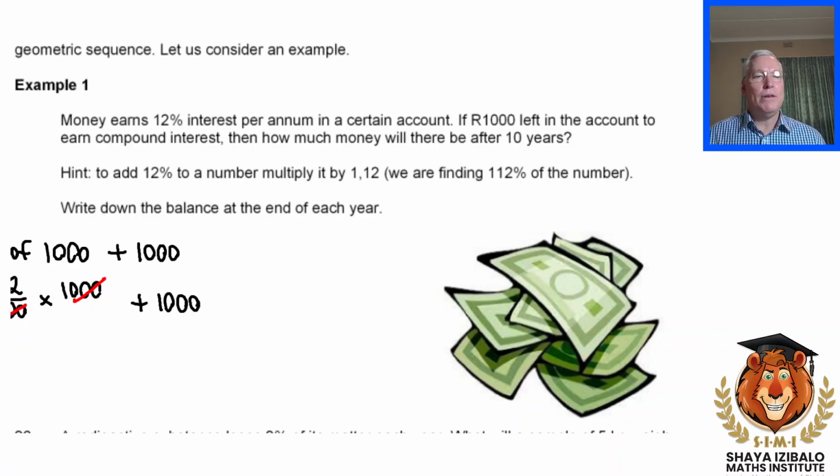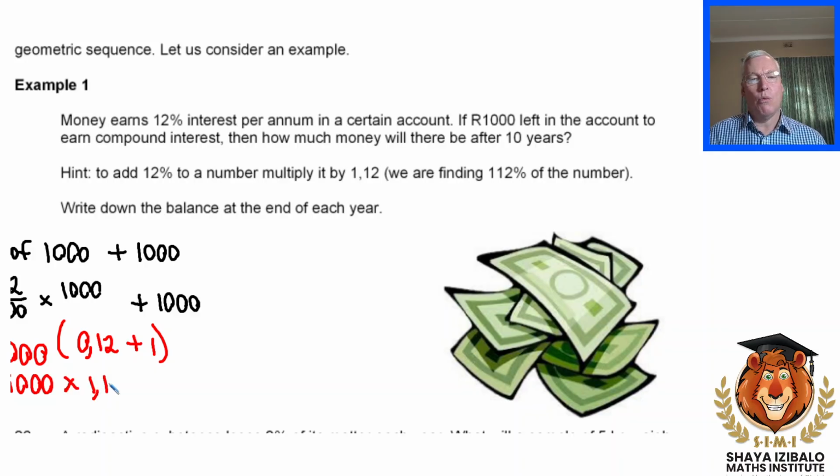But before we do that division, let's just have a look. If I took 1,000 out as a common factor, I would get 0.12, that's what 12% is, and then plus 1. So in fact, to grow 1,000 by 12%, all I'm going to do is multiply it by 1.12.